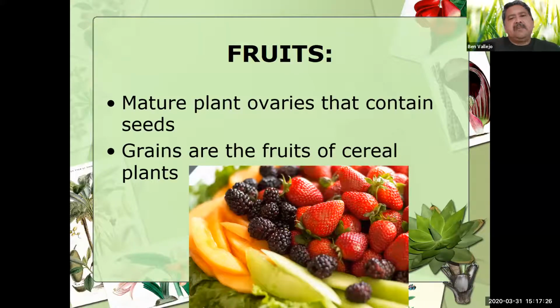Moreover, grains are the fruits of the cereal plants. So when we say that you need a certain amount of whole grain in your diet, those grains are the fruits of the plants in the family Gramineae. So as you can see, fruits are very important, especially grains.